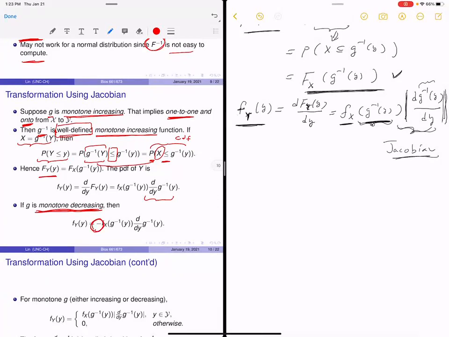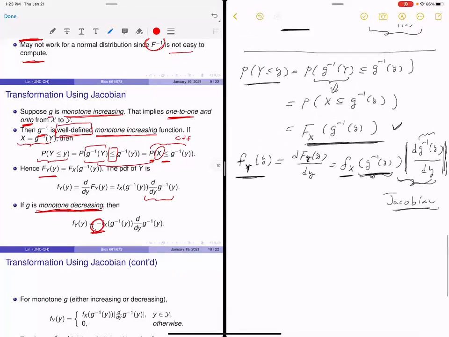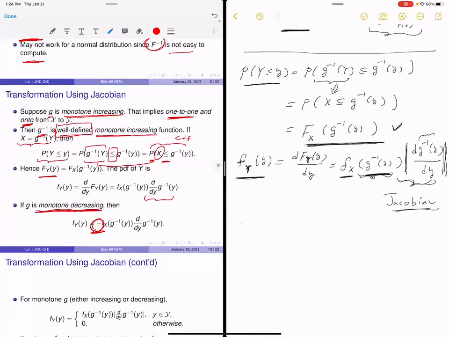The reason for that is actually not hard to see. Why does that minus term come in? Why do you need to change the sign?